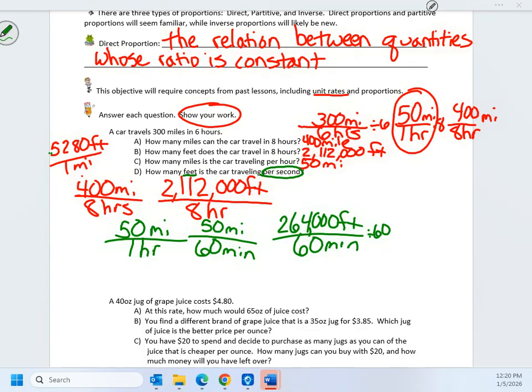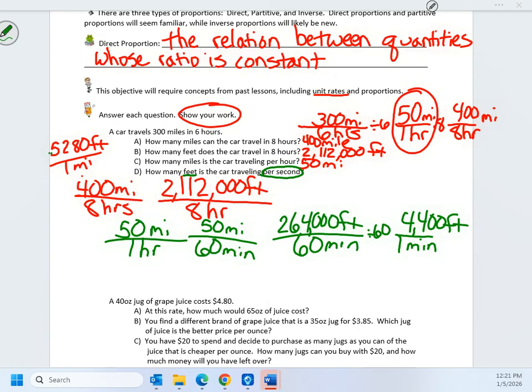So 264,000 divided by 60, going down to the 1 minute, how many feet would that be? Ellen? 4,400. 4,400 feet. Now, we need to go down to seconds.